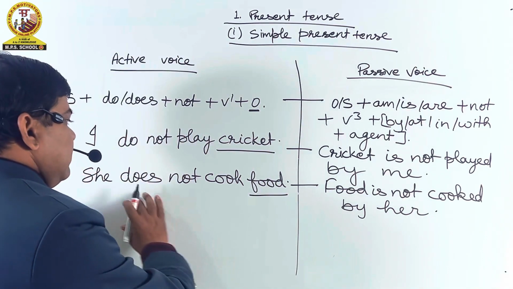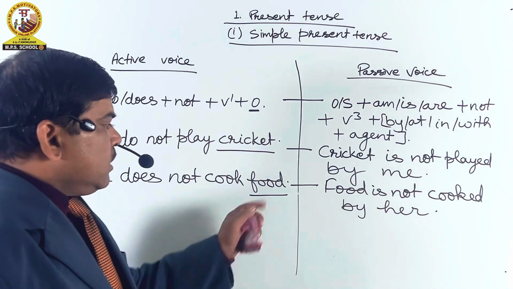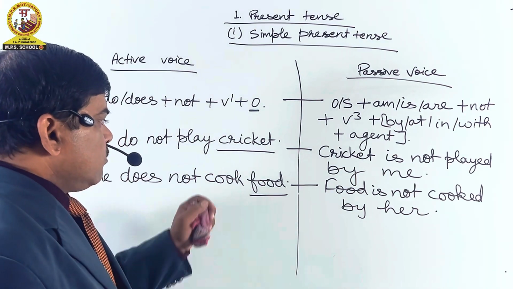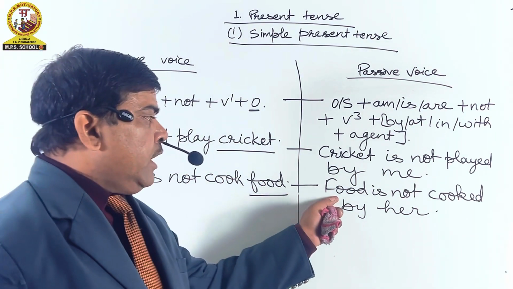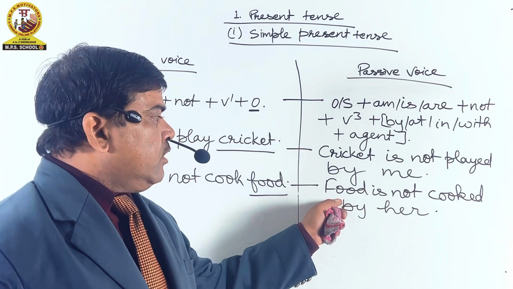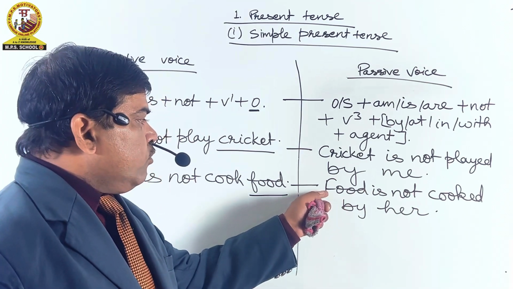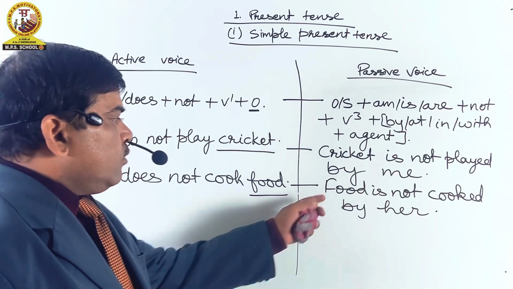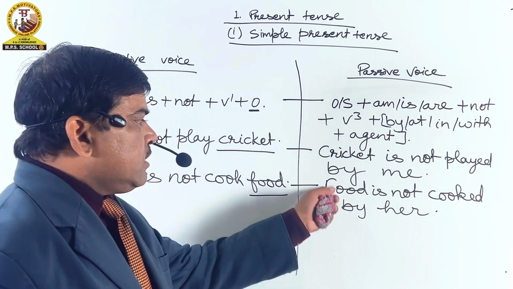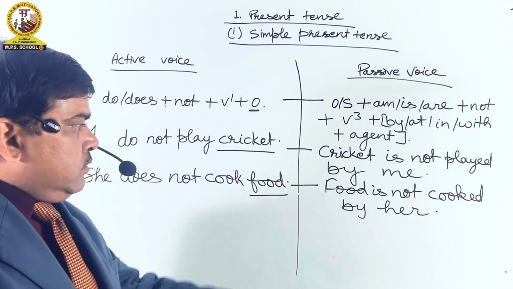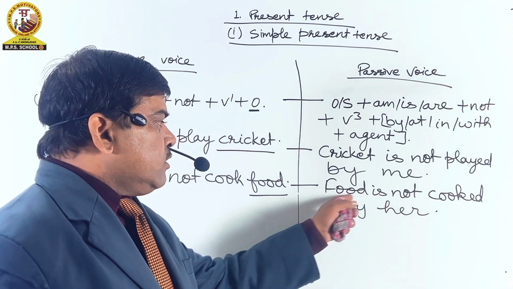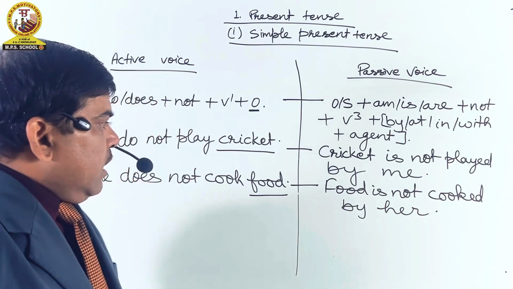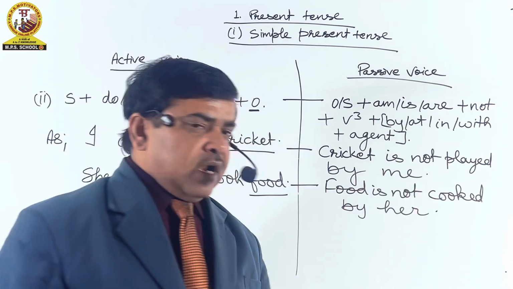In this sentence, the word food is the object of the verb cook. So it has been made the subject of the passive verb. So food has come in the beginning of the sentence, and with food is is used because food is in singular number. So the verb is used with food, and the remaining things are the same.